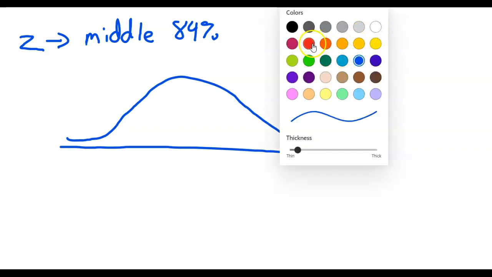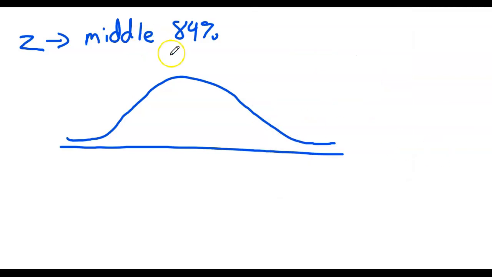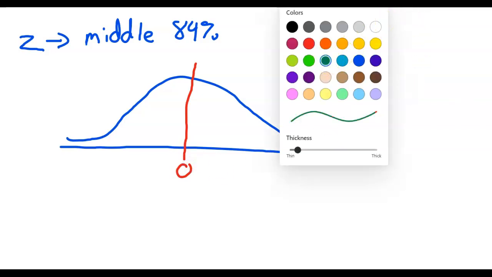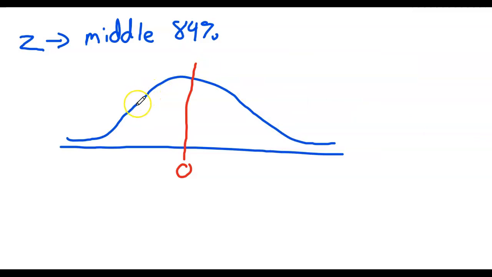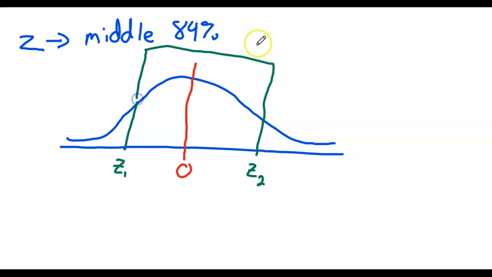Let's say we put the middle here, and we know that this is 0, and we want to cut off the middle 84% right here. So this is going to be our z1 and this is going to be our z2. And we know that this right here is going to be this 84%.